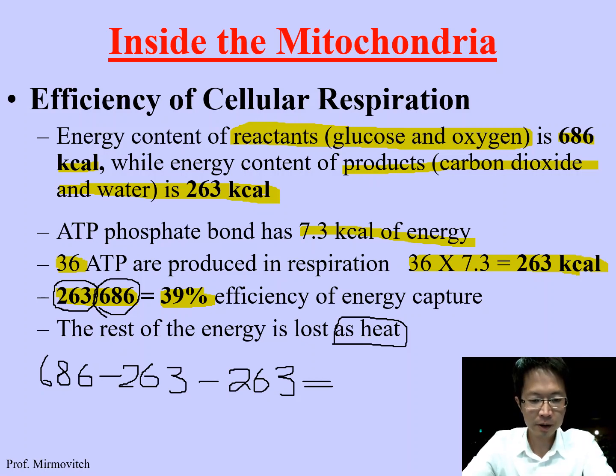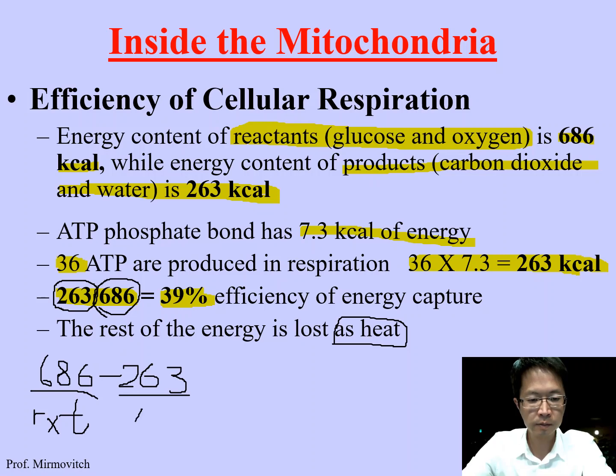Okay, I made a mistake here. 686 is the total energy from glucose, the reactant. 263 is from ATP. The rest is the heat.